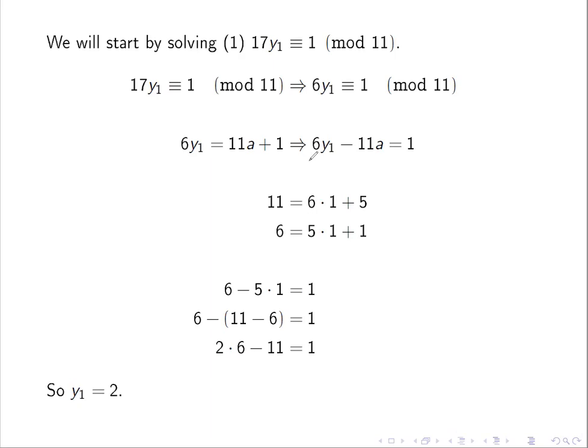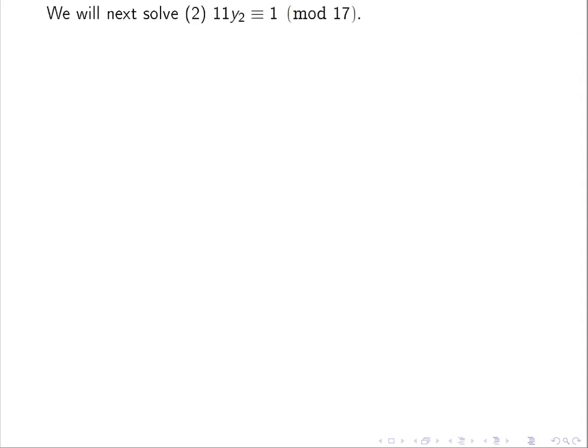Because whatever is being multiplied by 6 when we finish solving it is our y1. So guess how we're going to solve the second equation? The exact same thing. Now I can't make 11 smaller because it's already smaller than 17. But I can set up the Diophantine equation, namely 11y2 minus 17b is equal to 1.